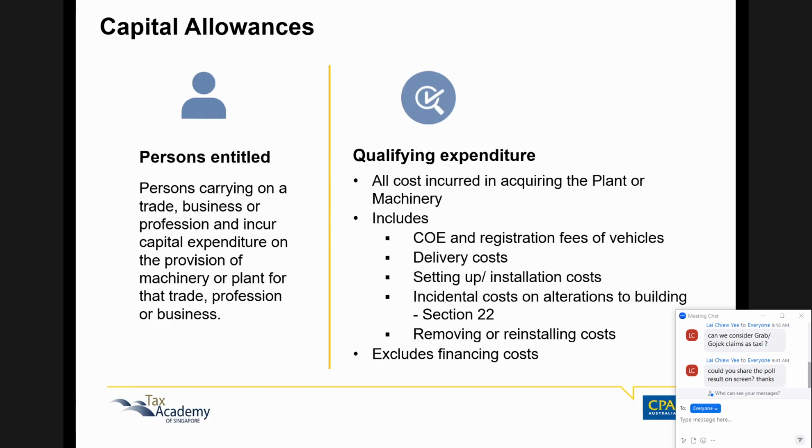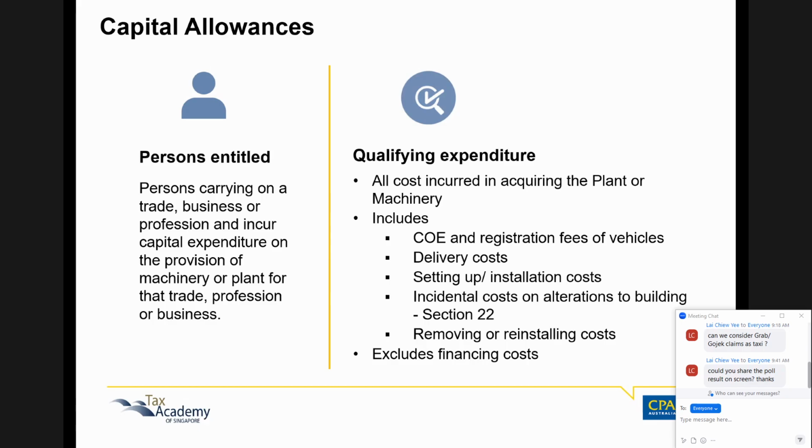This would be, for example, if let's say in your factory you need to install machinery, and you need to strengthen the floor in order to make sure that you can hold this machinery, which is very big and heavy.